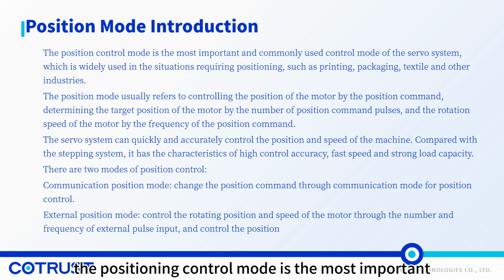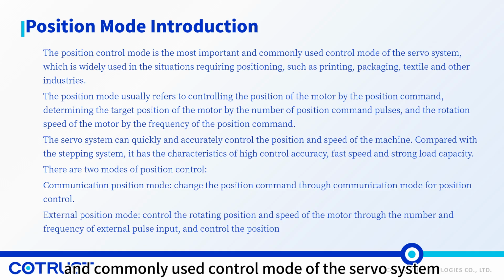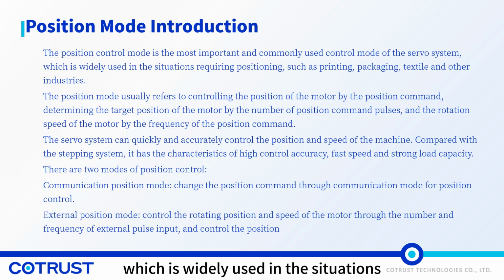The positioning control mode is the most important and commonly used control mode of the servo system, which is widely used in situations requiring positioning, such as printing, packaging, textiles, and other industries.